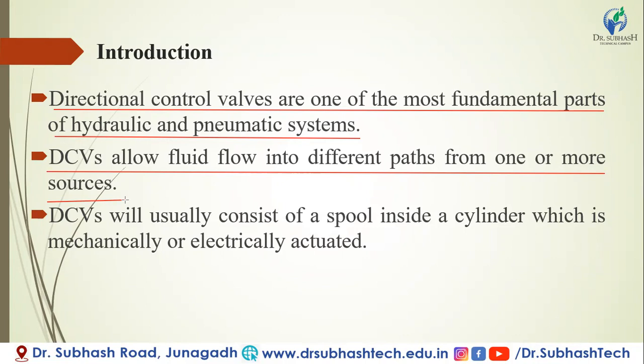All the components are not working at the same time, nor actuating retraction and extension actions at the same time. So at this time, the direction control valve is most useful to give the direction of the fluid flow for the working component parts. A DCV usually consists of a spool inside a cylinder which is mechanically or electrically actuated.